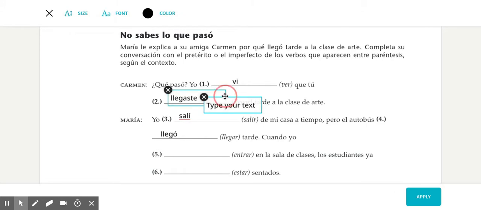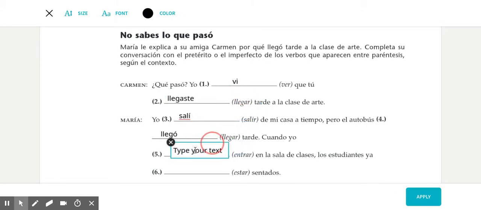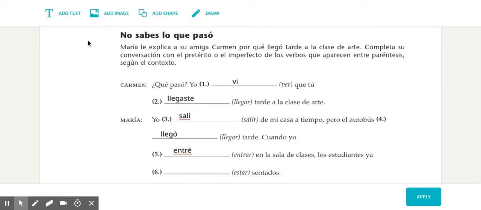It's something happened while something else was going on. So it's preterite. Cuando yo entré en la sala de clases, los estudiantes ya, it would say that they were already seated. So I would say estaban sentados. Ya estaban sentados.